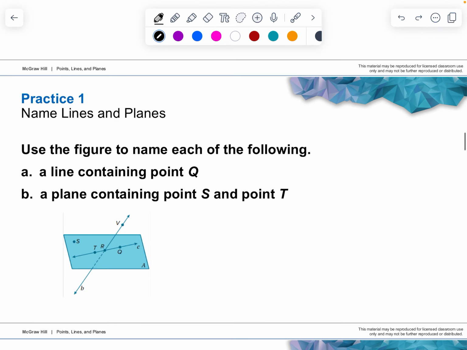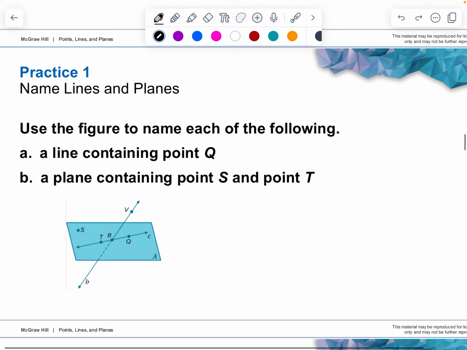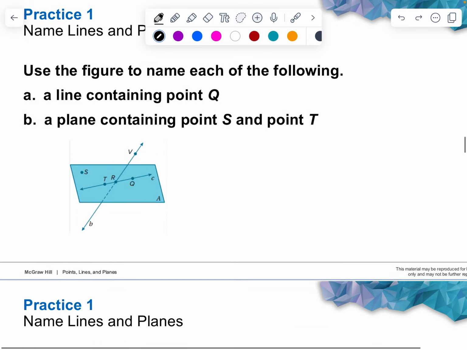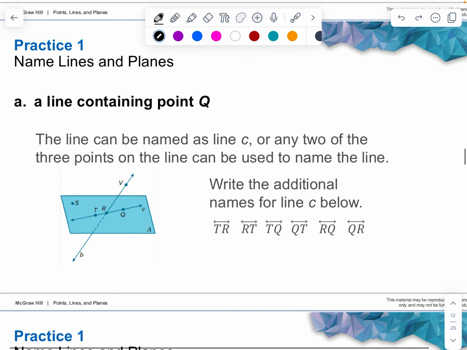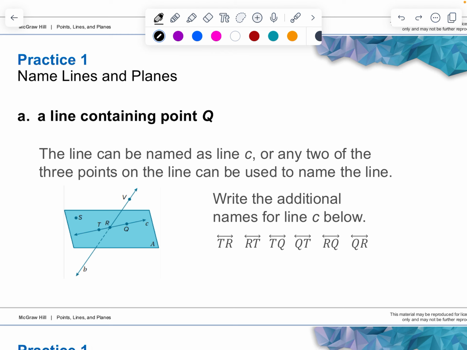All right. Practice 1. Use the figure to name each of the following. As we go into these, whenever we see practice, I'm going to pause for a second, let you go ahead and do these, and then I'm going to show you the answer. Pause the video. Okay. There are 6 possible ways that you could name that line containing point Q. And there they are. Or 7, actually.